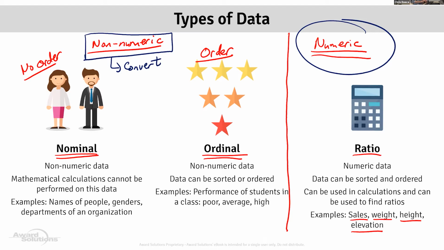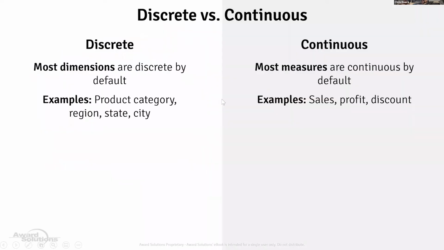Okay? One more. And we've talked a little bit about this. Our data, we can think of things as either being discrete or continuous. Discrete data typically has some finite discrete members to a set. And so you could think of things like product categories.